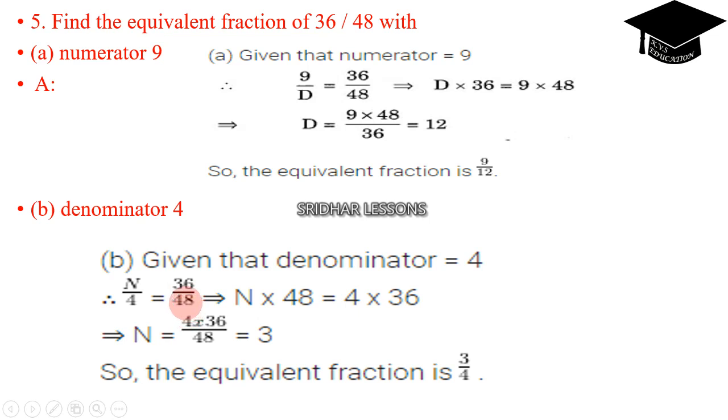That means n into 48 is equal to 4 into 36. That means n is equal to 4 into 36 by 48. By further cancellation, it is equal to 3. Therefore, the equivalent fraction is 3 by 4.